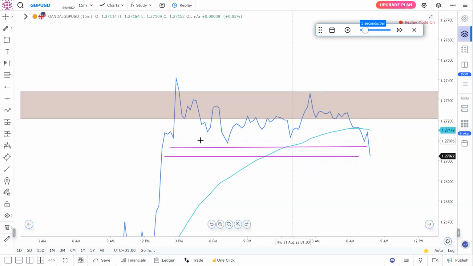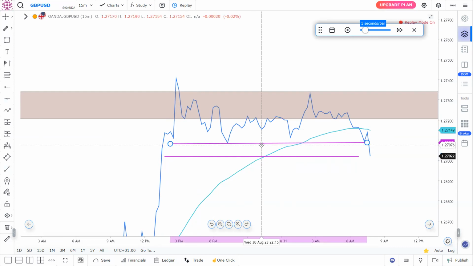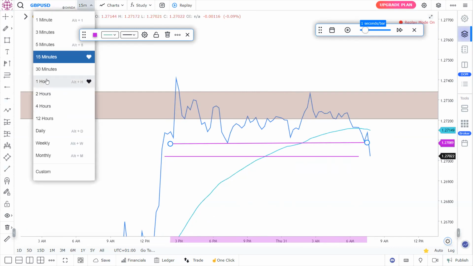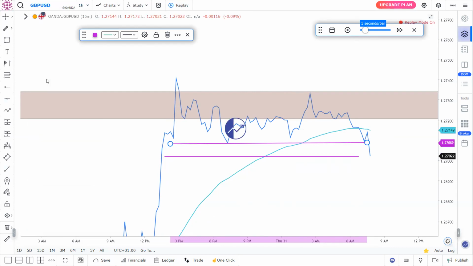If you take this to the line chart, you can see very perfectly we have broken the structured 15 minutes time frame structured level, shifting the market structure now from a bullish environment to a bearish environment.